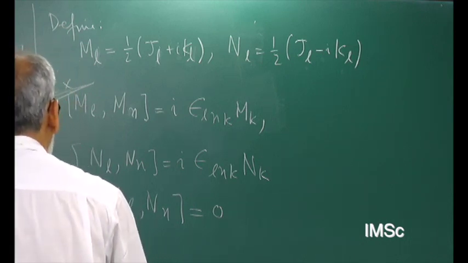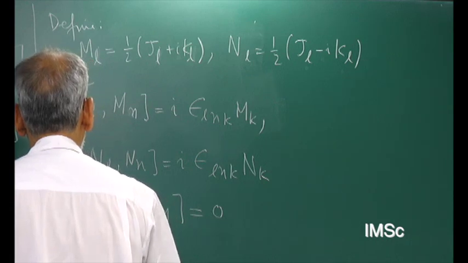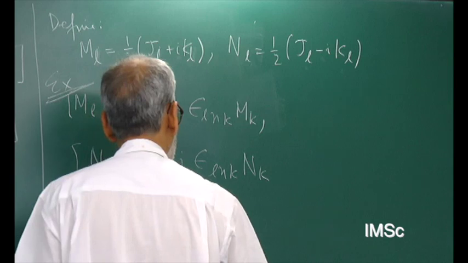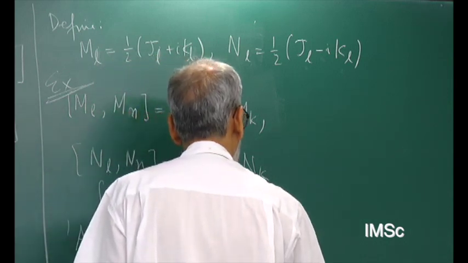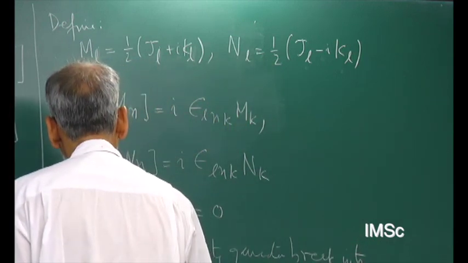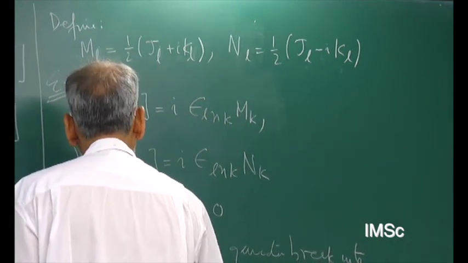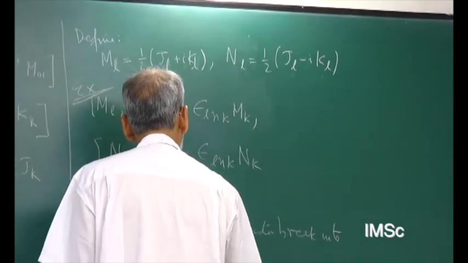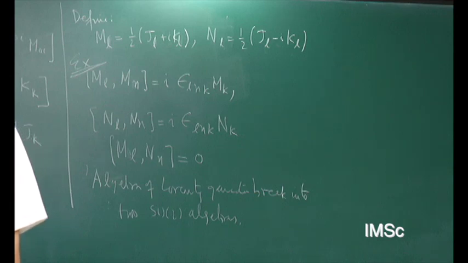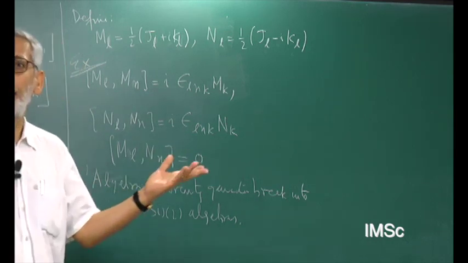So the algebra of Lorentz generators breaks into two SU2 algebras. Two SU2 algebras don't talk to each other, but yet they are not completely independent.